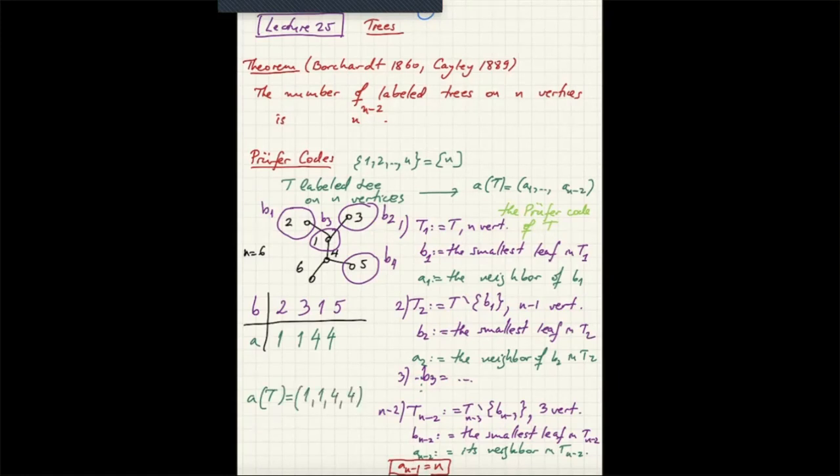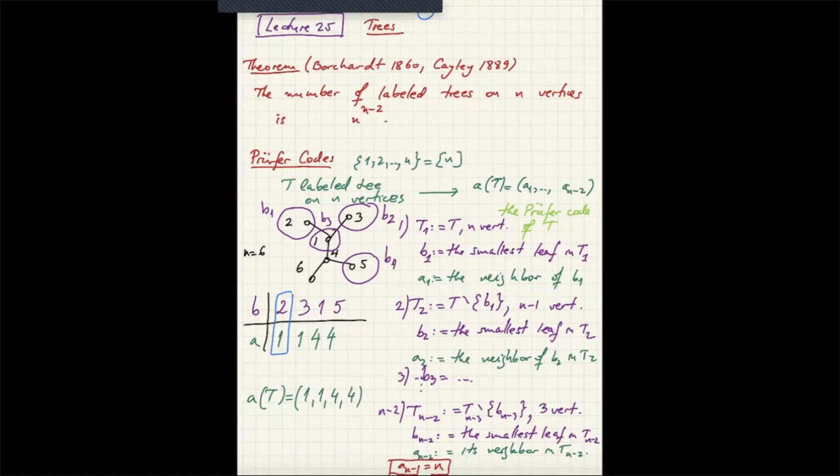Okay. Now, before we show that this correspondence is a bijective correspondence between labeled trees on n vertices and n minus 2 tuples with entries from 1 to n, let's just observe a few things about this procedure and about the entries in the vectors A and B. Starting from the left, if we look at the pairs A1, B1, you have this edge 1, 2 or 2, 1.